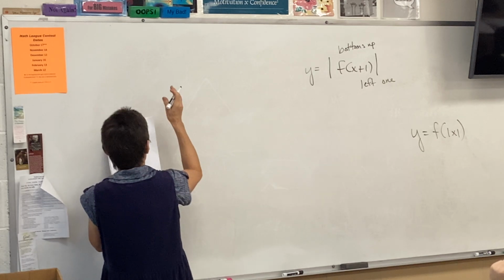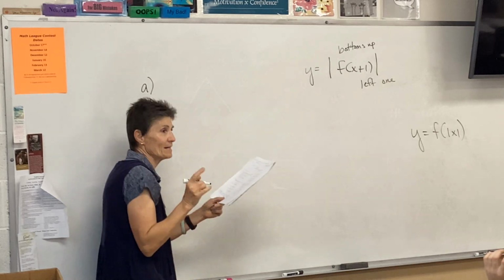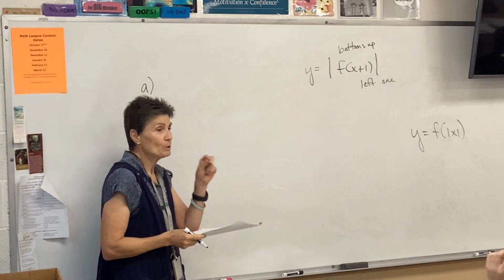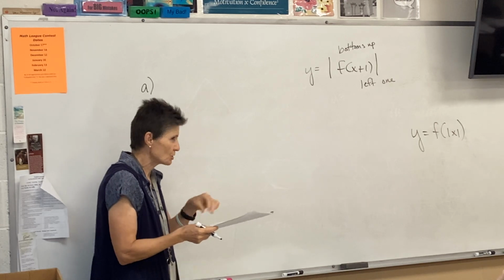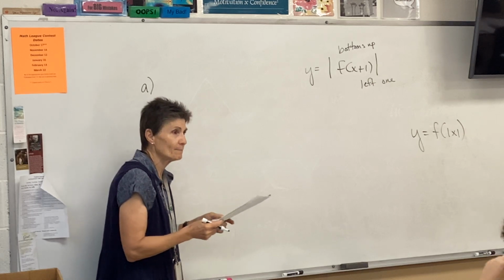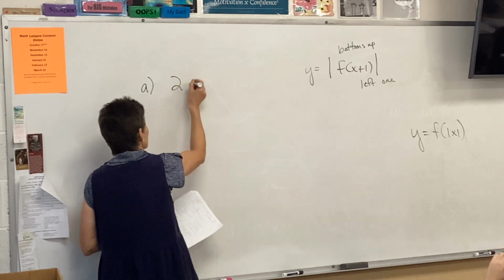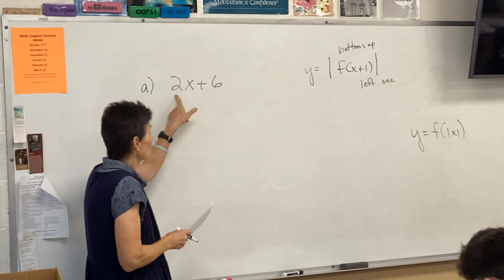How do you write mathematically "6 more than twice a number"? How would you translate that into math? Right now it's English. How would we translate it into math? Wyatt? 2x plus 6. 6 more than twice a number.